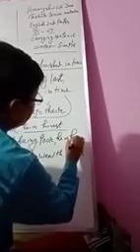Then we can write the extension word, here the extension word is poor. Then a comma, and the second clause will be unchangeable: he is honest. My dear students, this sentence: in spite of his being poor, he is honest.